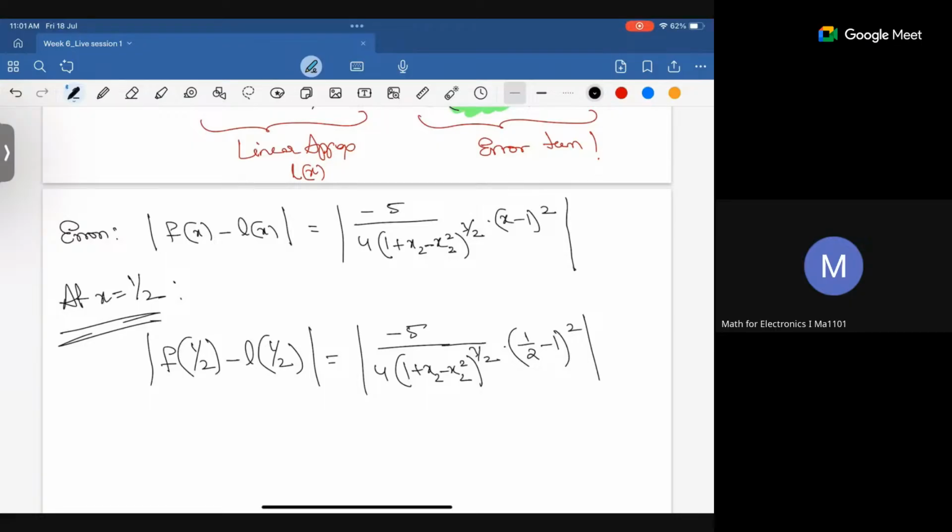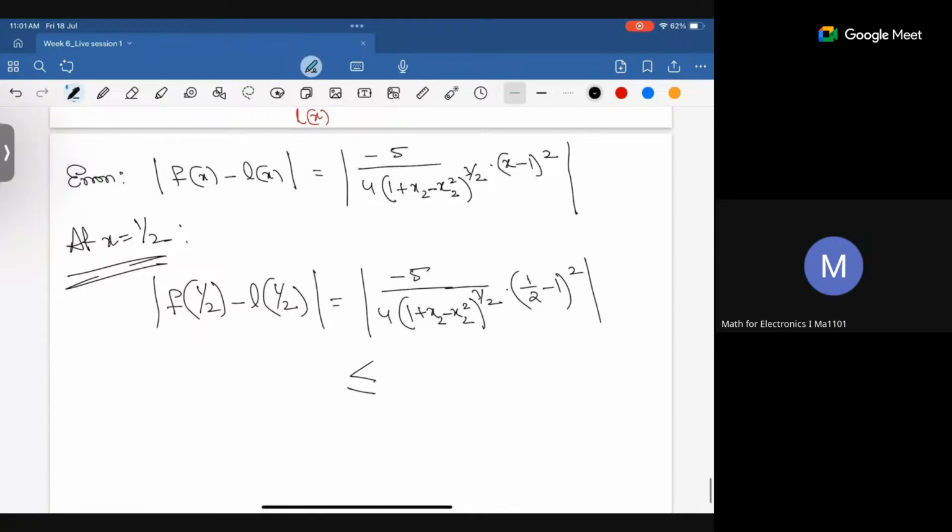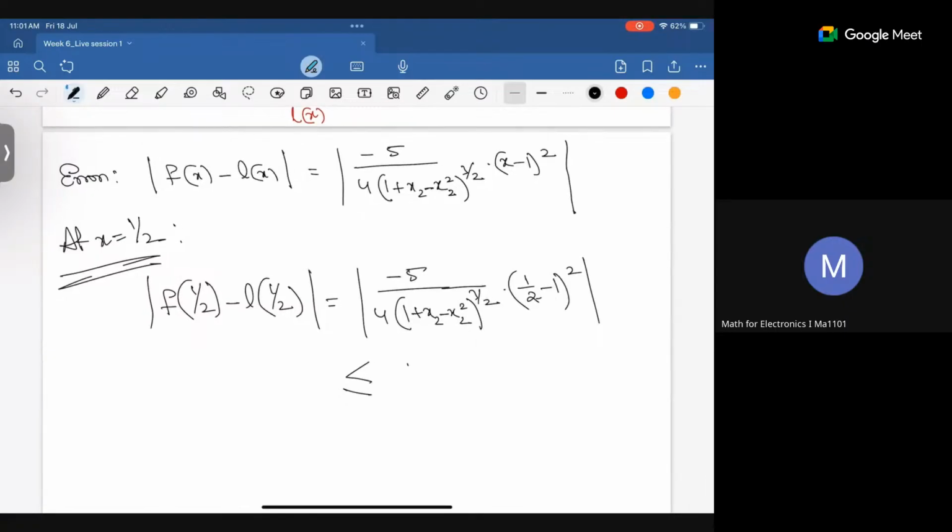So what we do is we say this is less than or equal to this, half minus 1, keeping it as it is. We will find the maximum value of this minus 5 by 4 term.